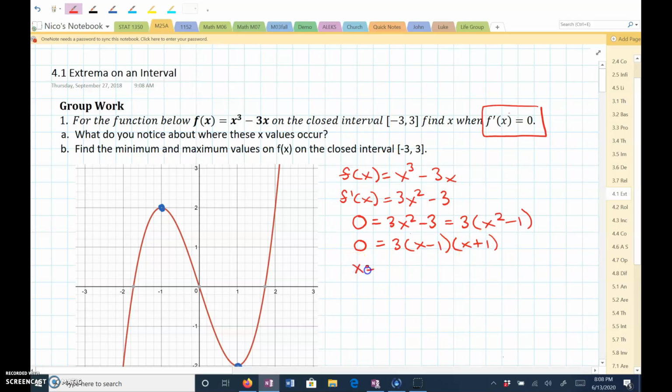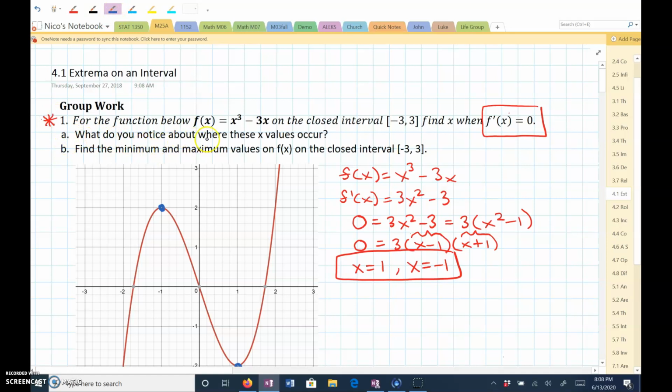Thus, x must be equal to 1, and x must be equal to -1, right? If you plug in 1 there, that would give us a 0. Plug in -1 there, that would give us a 0. So this is for number 1 here.